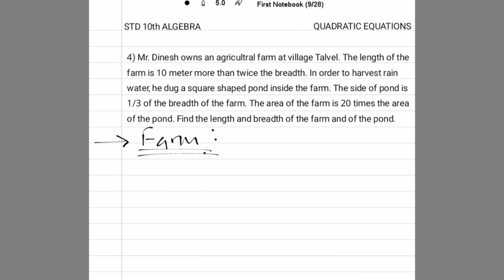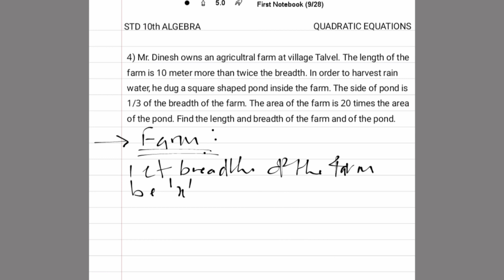Let the breadth of the farm be x. So from the first condition, the length of the farm is 10 meter more than twice the breadth. So the length is equal to twice the breadth plus 10 meter, that is 2x plus 10, right?